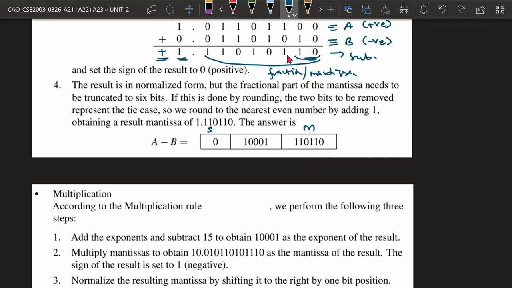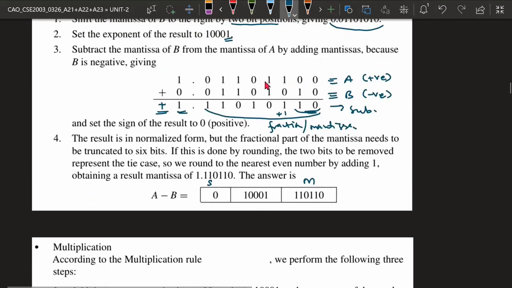Once we remove this part, here it is 1, so it will be considered as the next even number. So we will be adding 1 to this one. So the new mantissa after rounding will be 1 1 0 1 1 0.